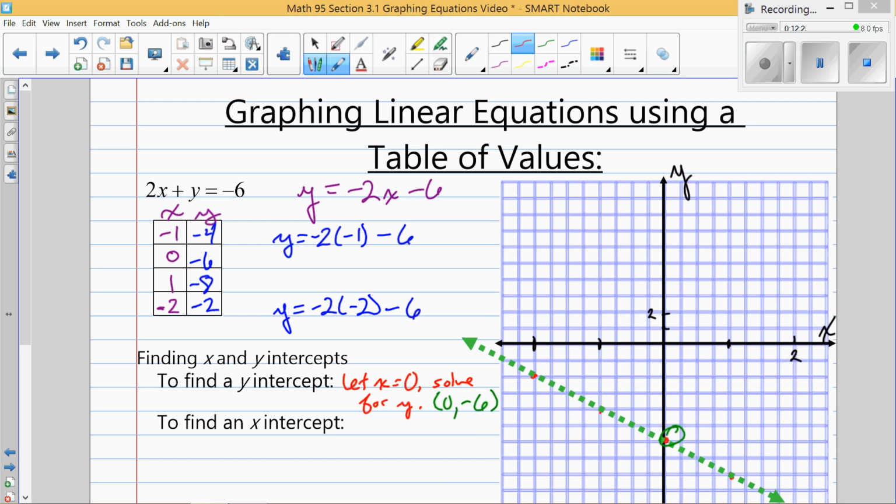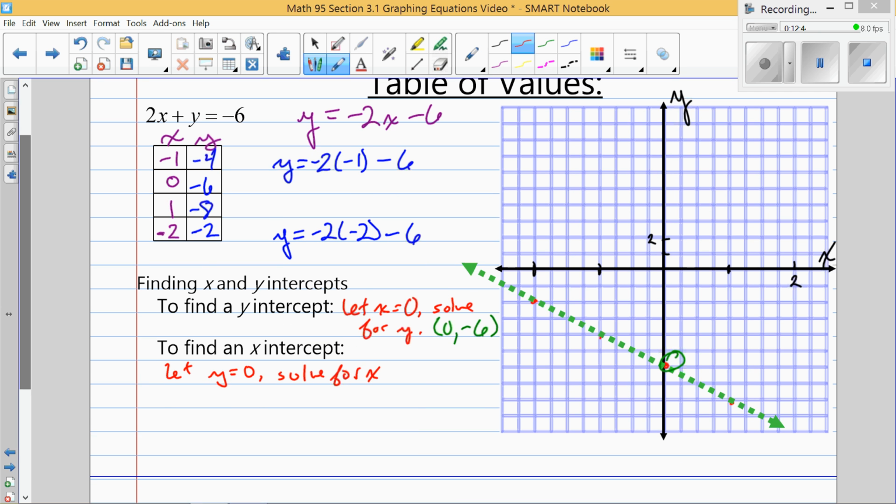Now, to find an x-intercept, very similar, except we will let y equal 0 and solve for x. So when I do that with our equation here, it's actually going to look like, I'll do this in purple.